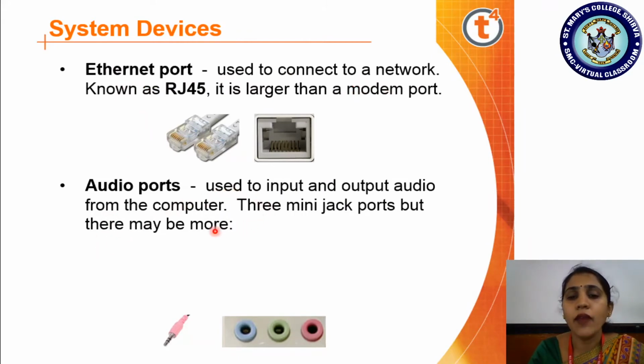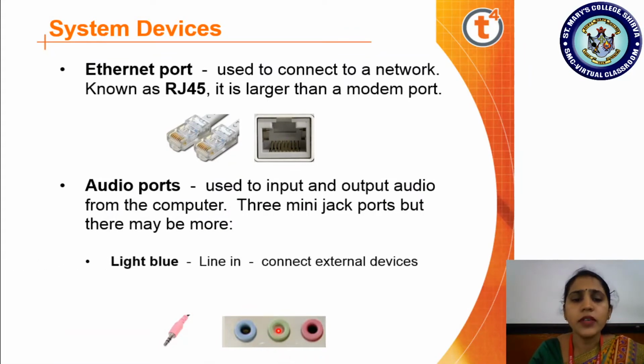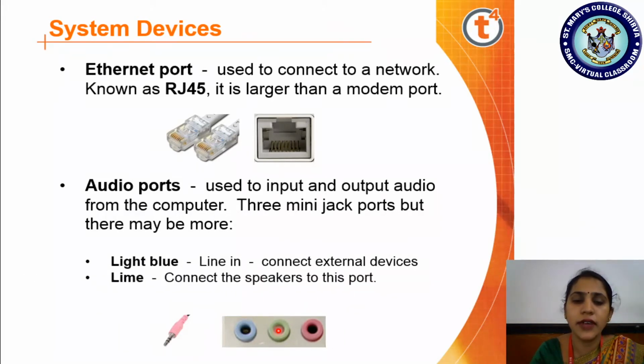And you also have audio ports. For example, they are used to input and output audio from the computer, and normally there are three mini jack ports, but there may be more. So normally you find these audio ports in computers, to plug in speakers and so on. The light blue one connects external devices.